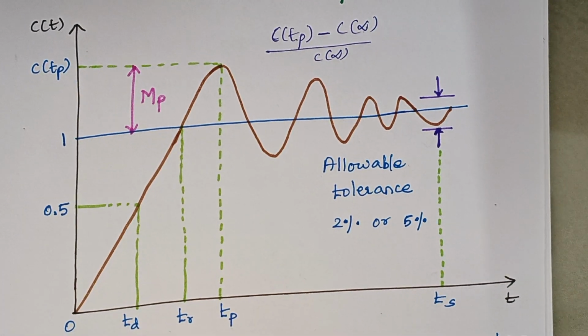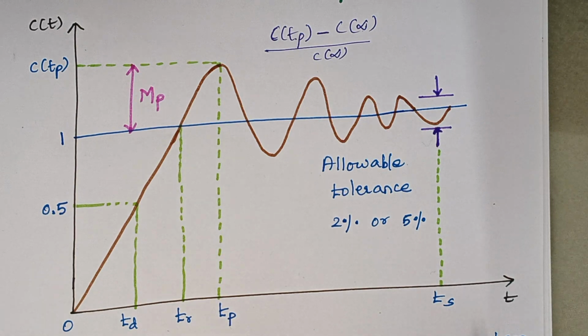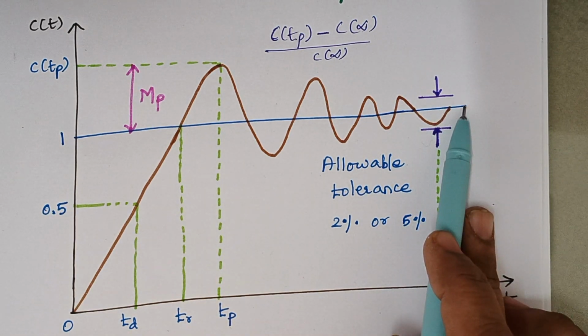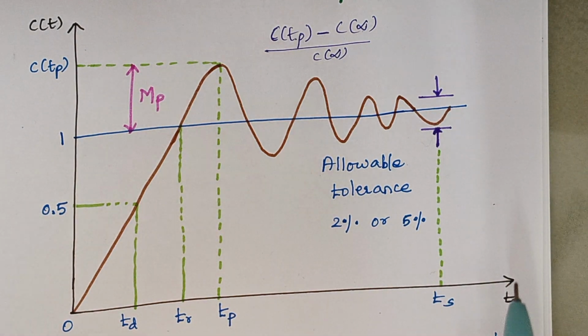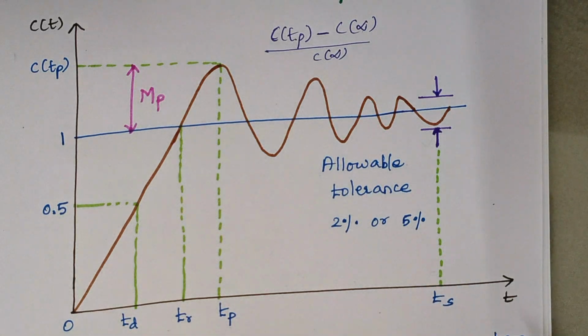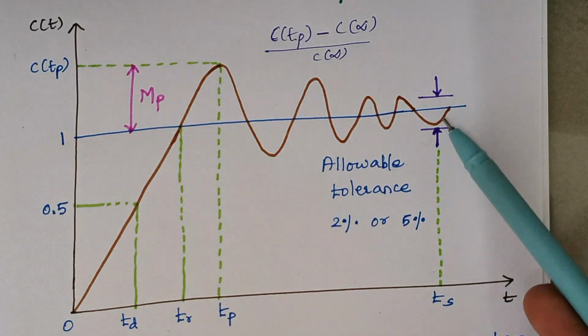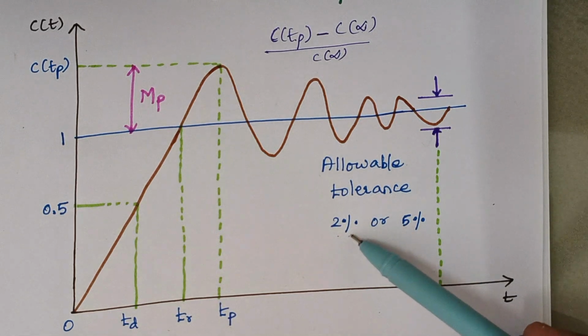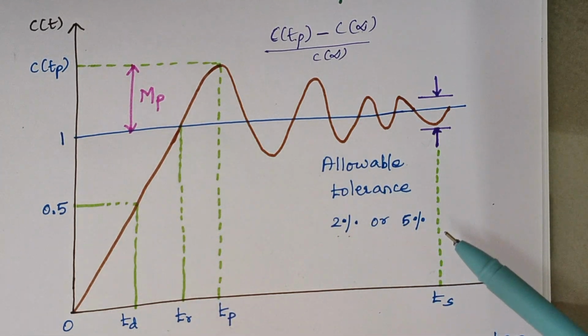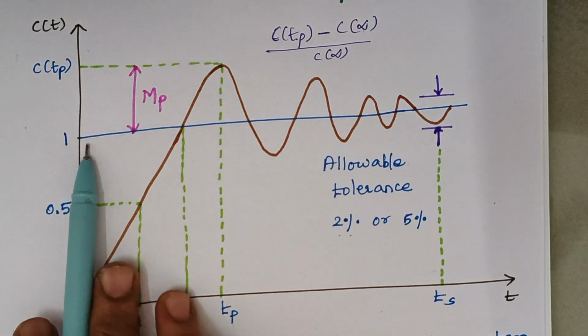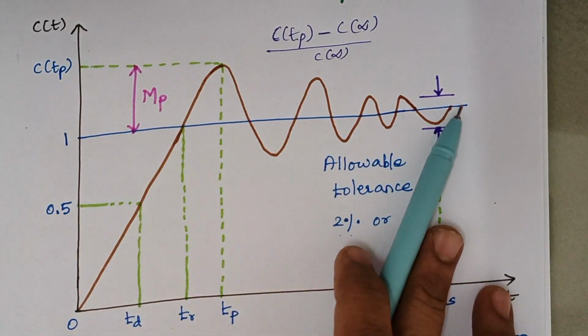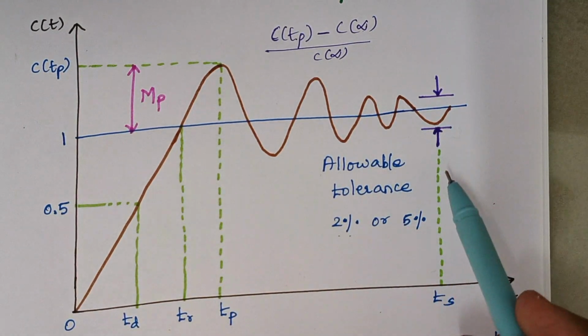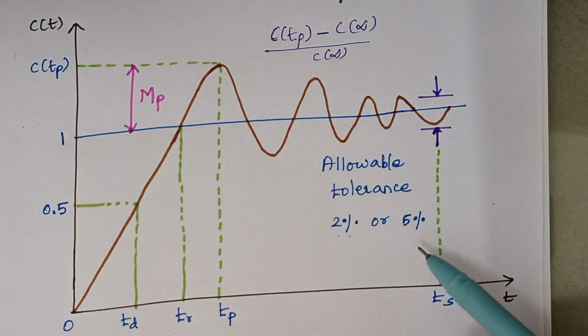We cannot expect all the output responses to settle exactly by this particular time, so some percentage of tolerable error is allowed. The limits are either 2% or 5% error. That is, the final value would not be exactly 1; it may vary from 1 by a percentage of 2 or 5.